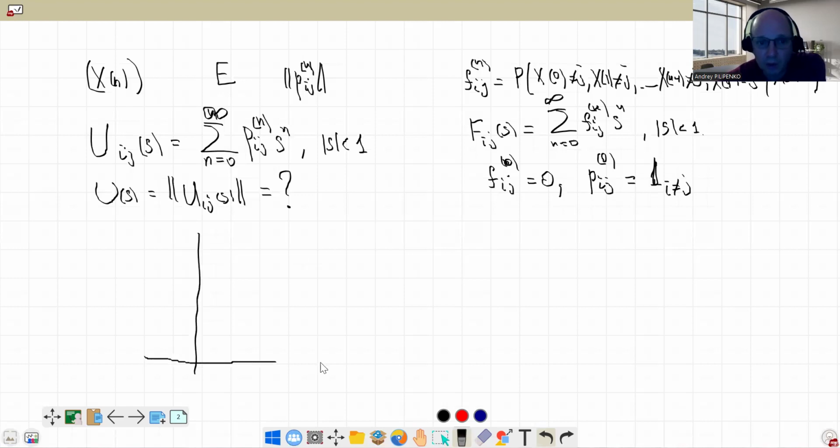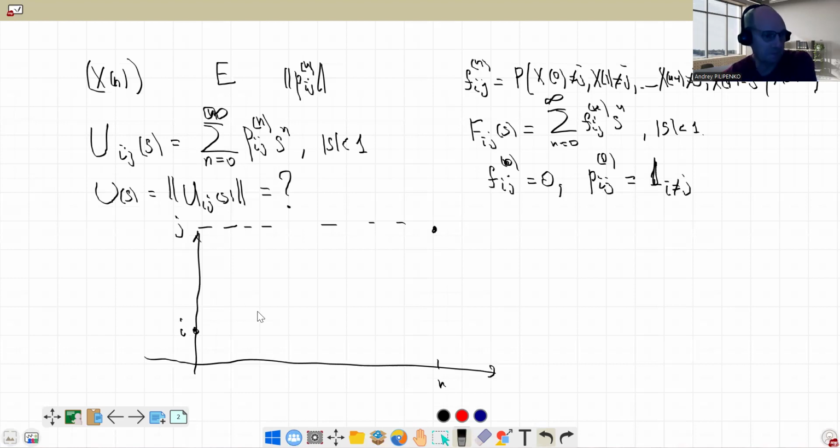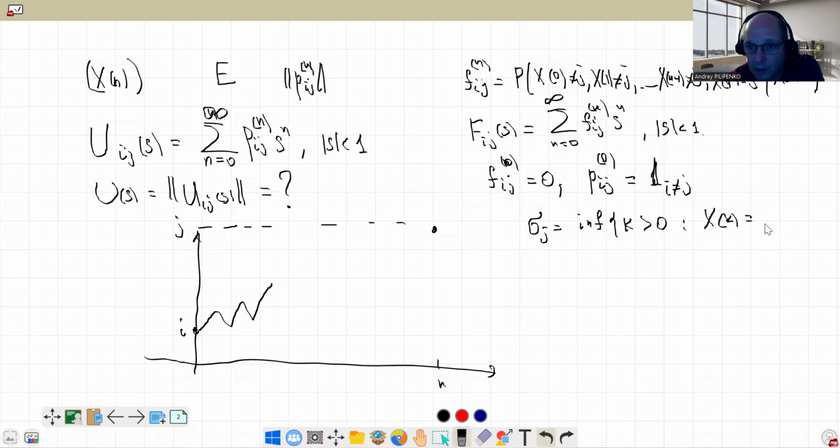Let me recall the relation between P and F. So we start from i. At the nth moment, you are at j, and let sigma j be the first instant, the hitting moment, when x_k is j.